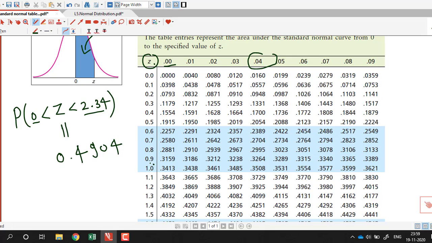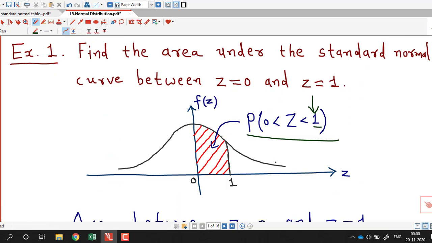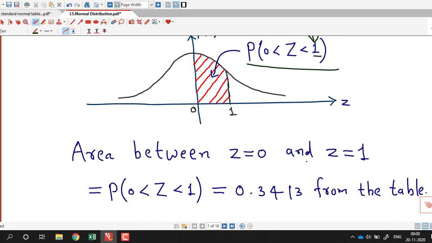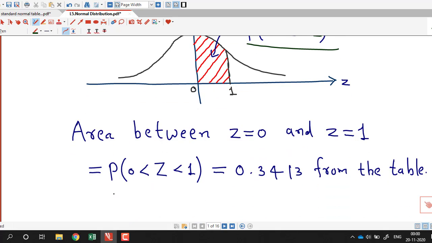Here we have z equal to 1, which we can write as 1 plus 0.00. So we search below this and parallel to this. The required area is 0.3413. So we write here, the area between z equal to 0 and z equal to 1, that is the probability that z lies between 0 and 1, is 0.3413 from the table.